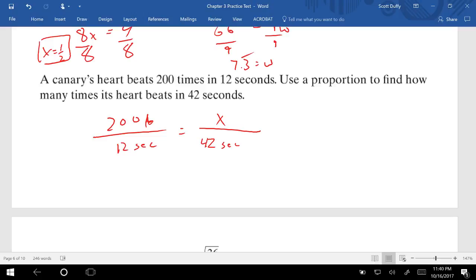It's going to be 8,400 equals 12 times x, divide by 12. X equals 700 beats.